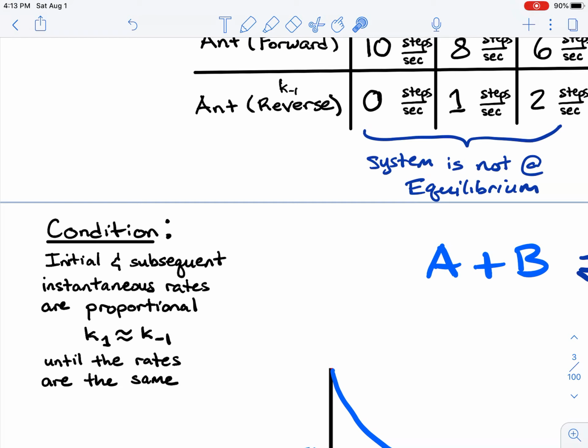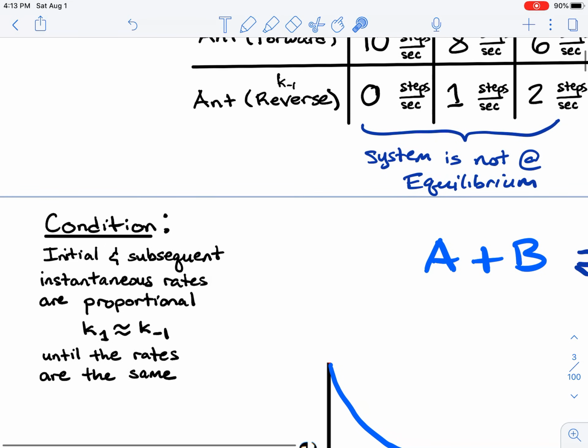And so in this first scenario, the initial and subsequent instantaneous rates are proportional to each other before equilibrium has been reached. And so the rates are proportional to each other until the rates are the same, meaning the chemical system has achieved equilibrium. And so what does this scenario look like?